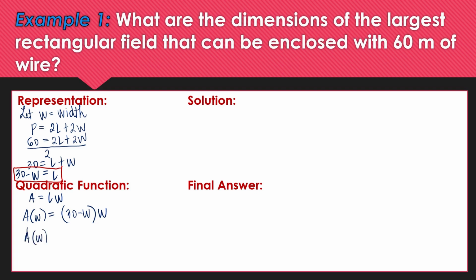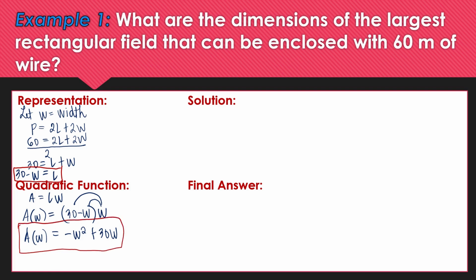A of W is equal to, using distributive property, W times negative W is negative W squared, and W times 30 is positive 30W.